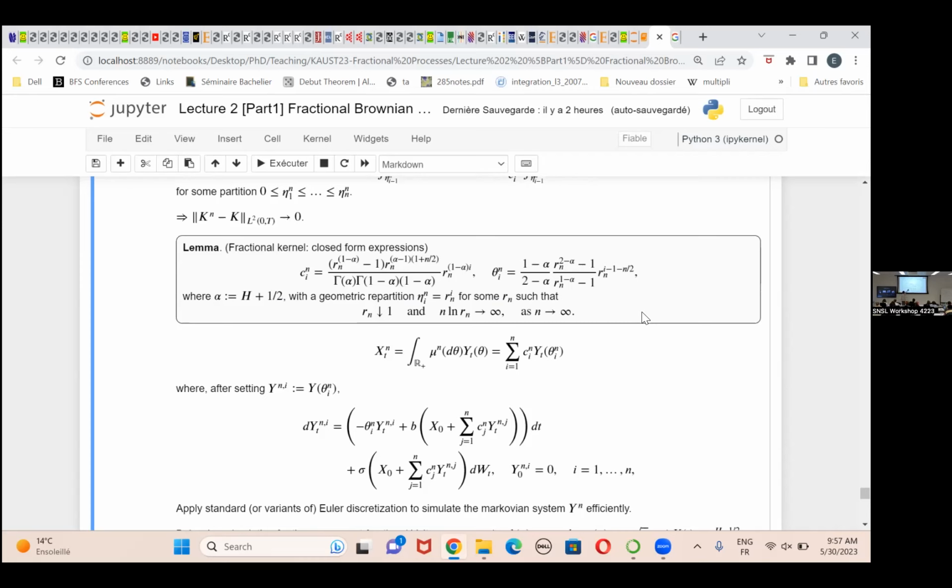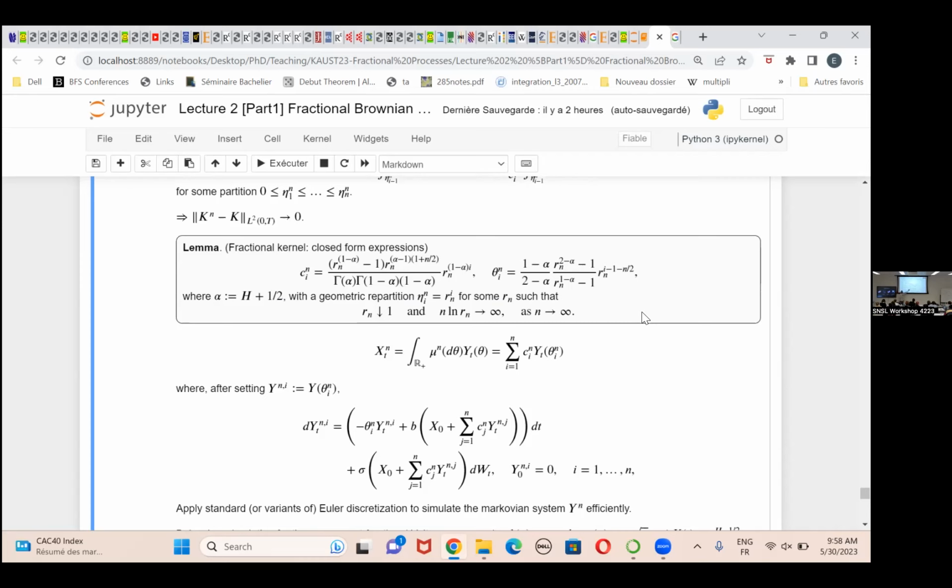Although the standard Euler scheme will not eventually work, because if you do numerical methods, you have several timescales, so you get a stiff system, right? And for a stiff system, standard Euler will not work. So you need to be smarter to decouple different timescales, right?